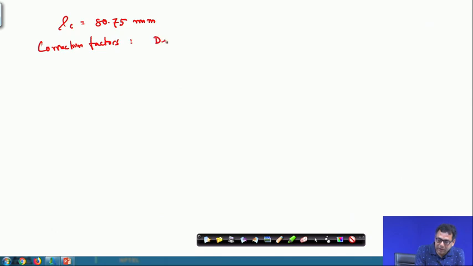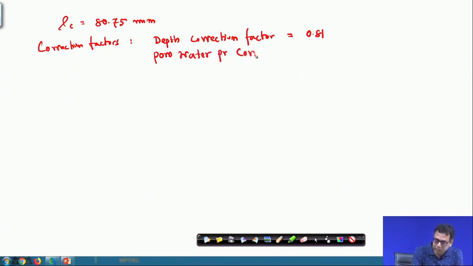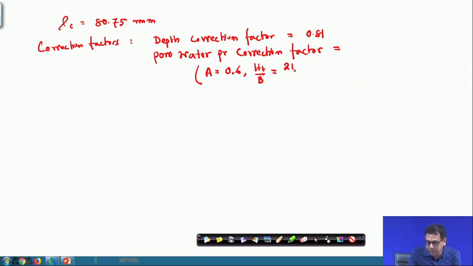So, the depth correction factor is equal to 0.81, and pore water pressure correction factor is, because we are taking the corresponding A value is given as 0.6 and Ht by B. Ht is twice B we are taking.